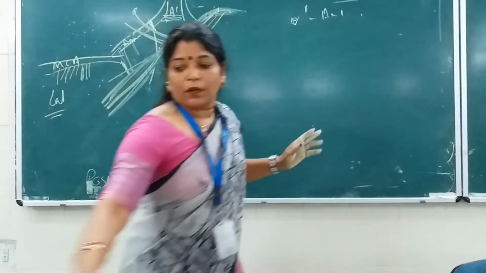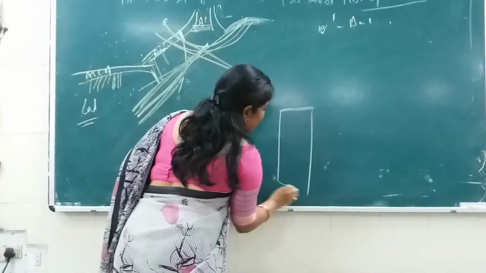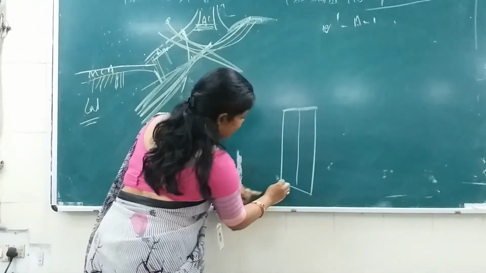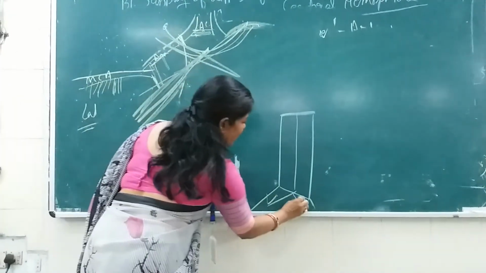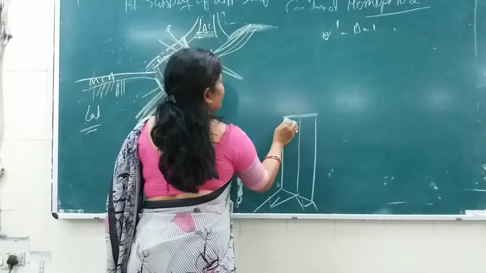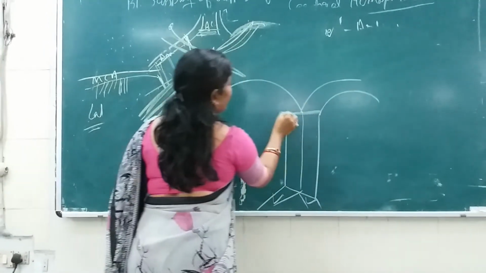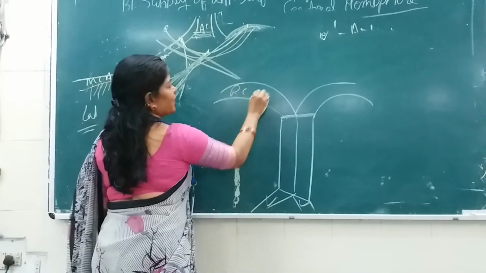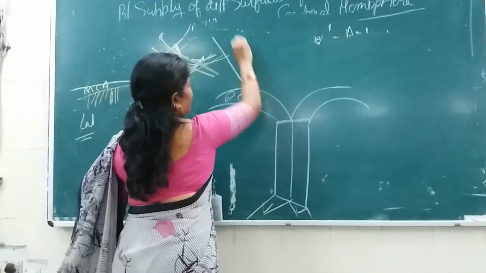This is the basilar artery, formed by the union of two vertebral arteries, and it divides into the two posterior cerebral arteries, which are joined by the posterior communicating arteries.